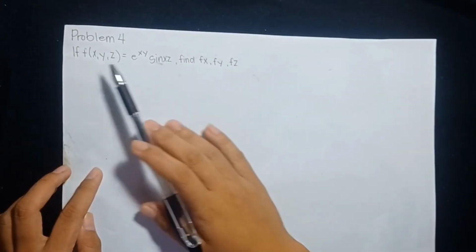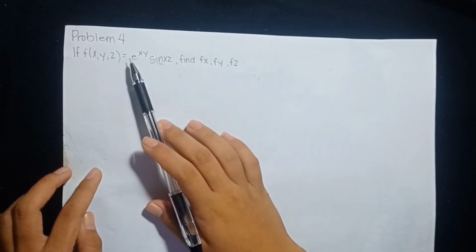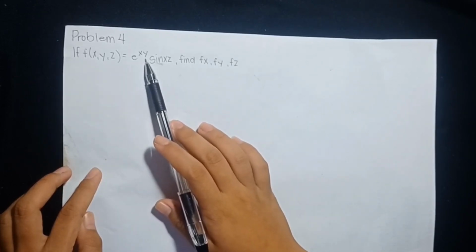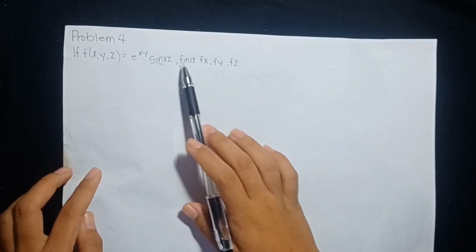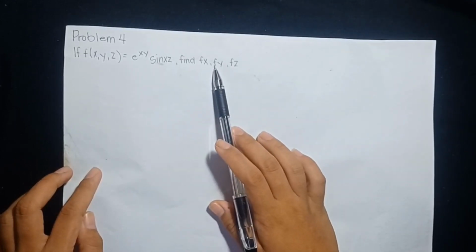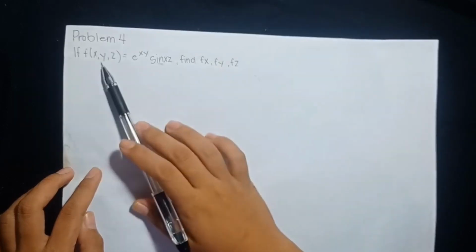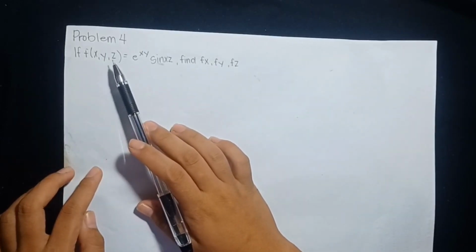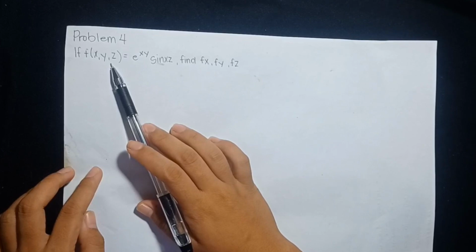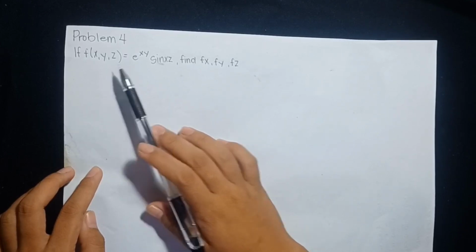Problem number 4. If f of x, y, z is equal to e raised to xy times sine xz, find the partial derivative with respect to x, y, and z. This time, as you can see, we have a function of 3 variables: x, y, z.